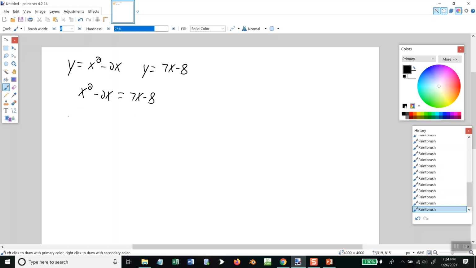This is a quadratic, so we want to get everything over to one side. So I'll take the 7x, move it over, and it becomes a negative 7x. Take the negative 8 over, it becomes a positive 8, equals 0. Combine like terms: negative 2x, negative 7x is negative 9x.